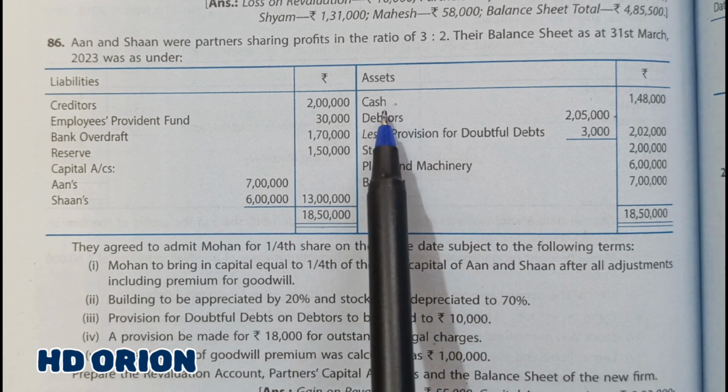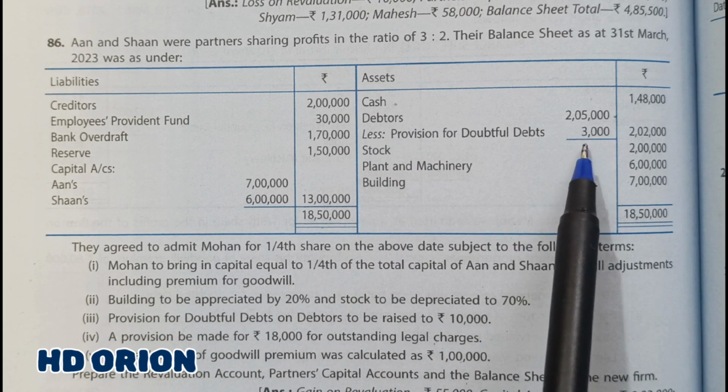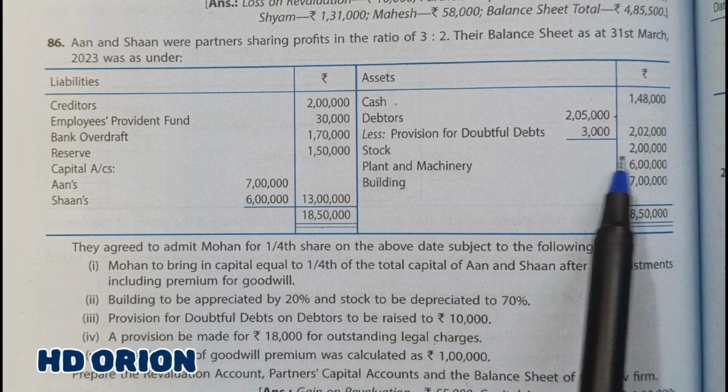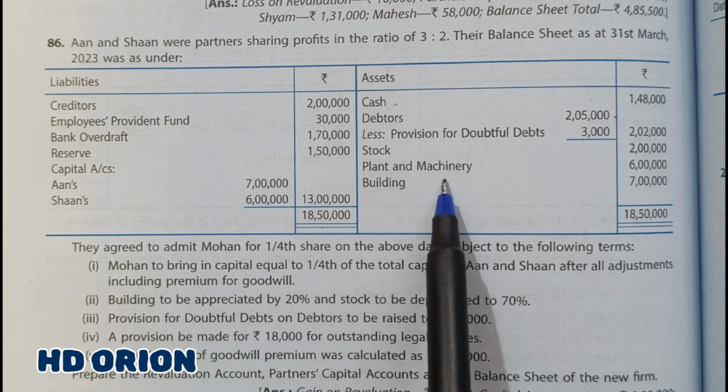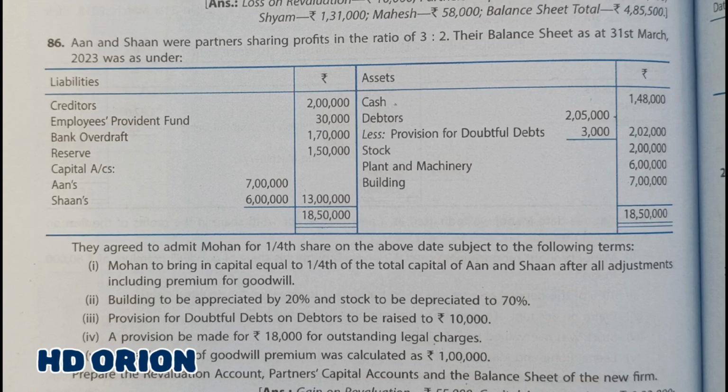On the asset side, we have got cash of rupees 1,48,000, debtors rupees 2,05,000 less provision 3,000. In the outer column, it is 2,02,000 rupees. Stock rupees 2 lakh, plant and machinery 6 lakh, building rupees 7 lakh. Grand total is rupees 18,50,000.